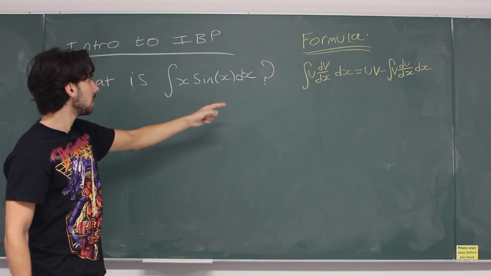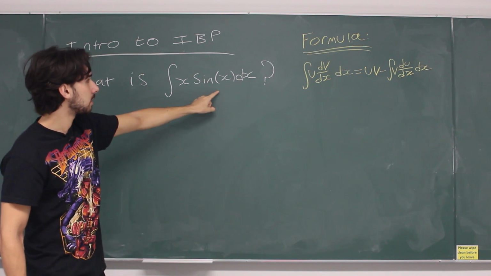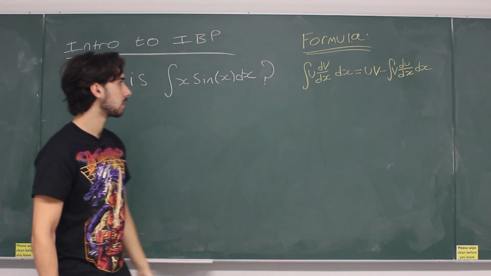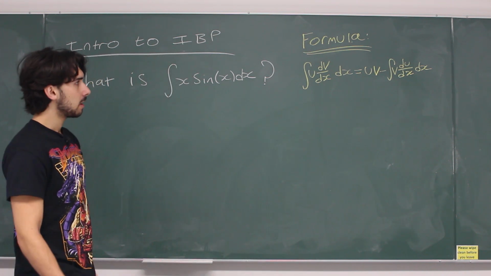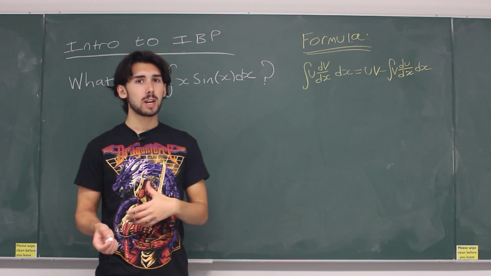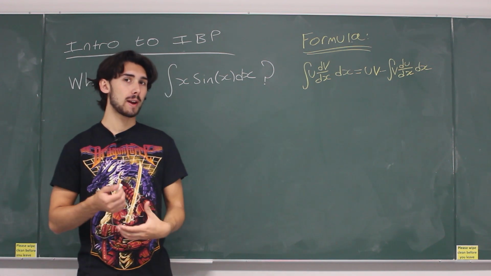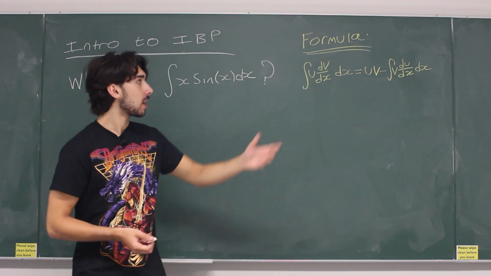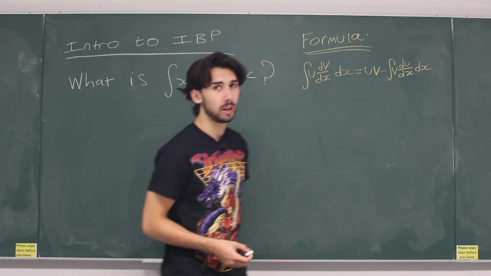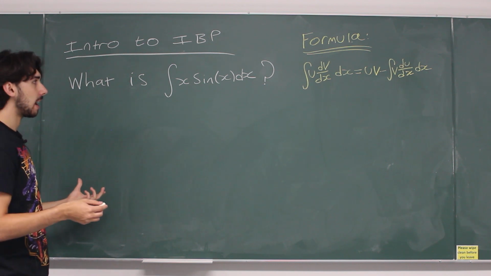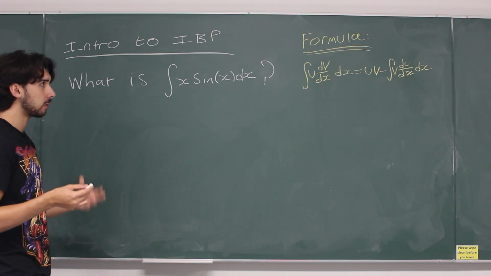So we're going to say that x times sine x is like u times dv dx. I know it sounds a bit random. Then instead of differentiating u and v, you're going to differentiate u and integrate dv dx. And then you just plug them into this side of the formula. If that sounds a little bit complicated, don't worry, I'm going to show you exactly how to do this right now. So let's just dive straight into this.